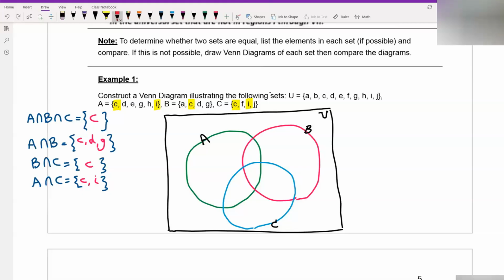And what I have inside that part is C. Now between A and B, we already have C inside. What's left is D, G.